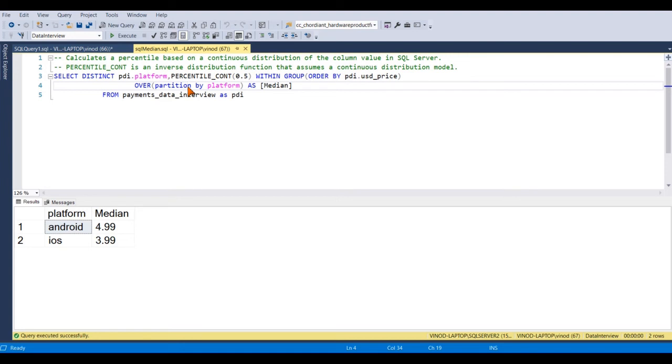PERCENTILE_CONT is an inverse distribution function that assumes a continuous distribution model. Now in this case, you can observe we are giving the parameter as 0.5 to get the median. So this way we are using the PERCENTILE_CONT function.